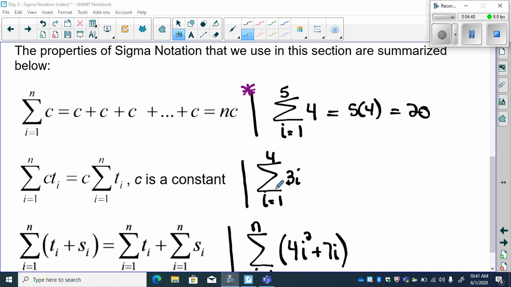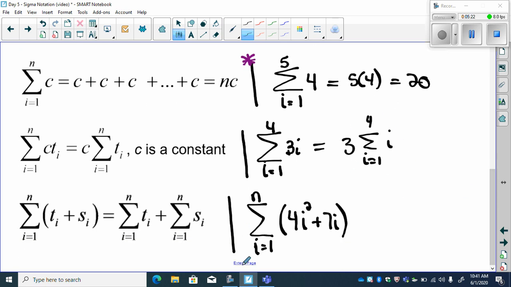So when I have the sum of the terms of the series 3i from i equals 1 to 4, I can really just write this as 3 times my sigma symbol from i equals 1 to 4, and I just have an i back here. Now this might look weird now, but I'll show you when we get into replacing these. This is actually a linear formula that we'll use, and it'll be very helpful in the next section.